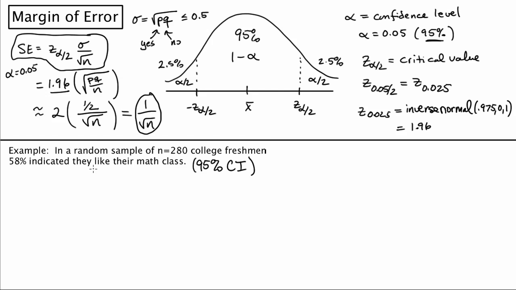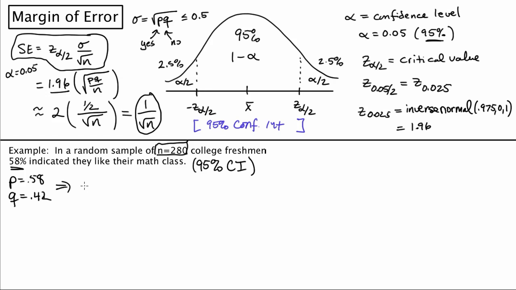Now understand that when I say I want a confidence interval, all I'm asking for is this interval right here. This is the 95% confidence interval. I just have to figure out what these values are for this problem. So looking at this example, we know our n is 280. We know that our proportion P is 58%, which means that our proportion against Q is 42%.